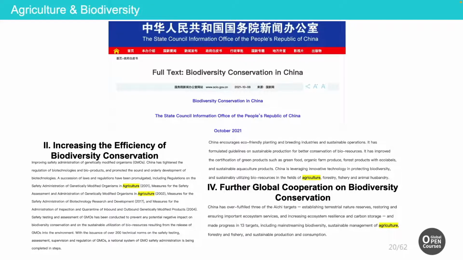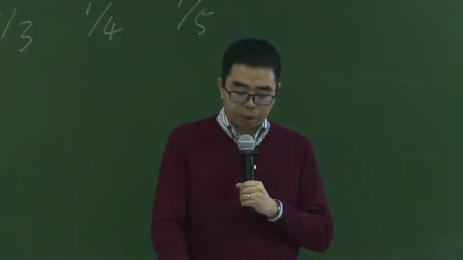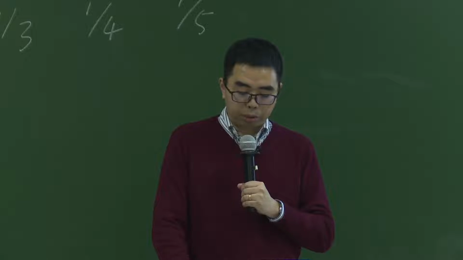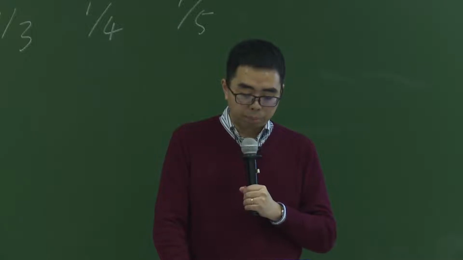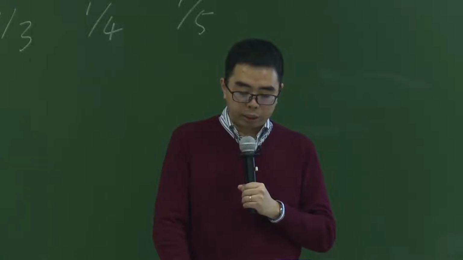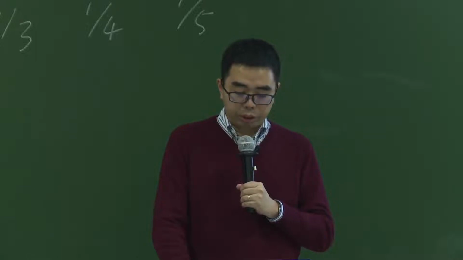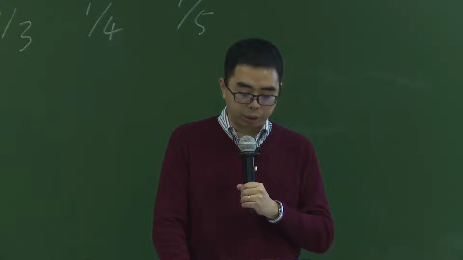The first place mentioned is improving safety administration of genetically modified organisms, GMOs. We will discuss this topic at the end of this lecture. The second one is that China is leveraging innovative technology in protecting biodiversity and sustainably utilizing bioresources in the fields of agriculture, forestry, fishery, and animal husbandry.